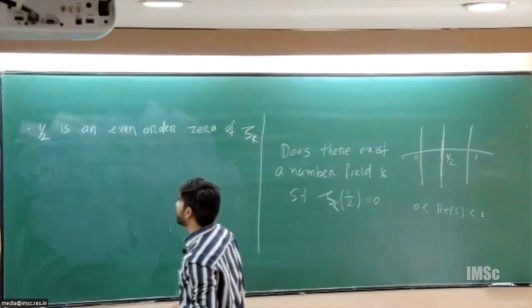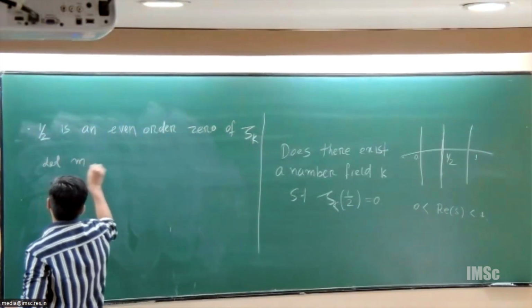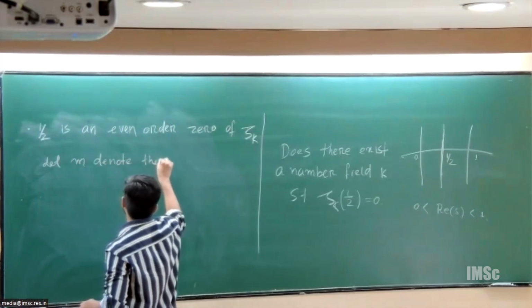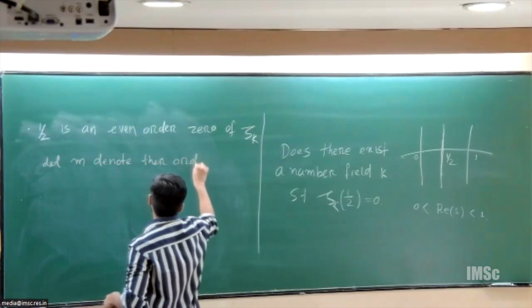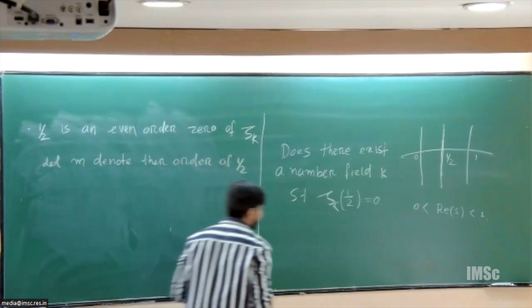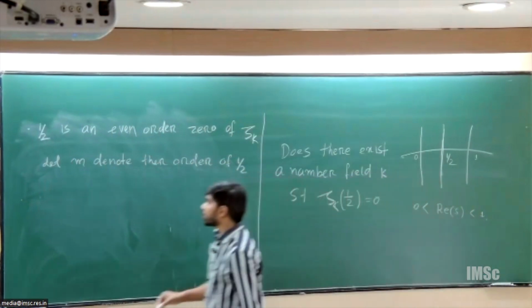I'll give a quick proof of that. Let m denote the order of zero at half. Suppose m is odd.